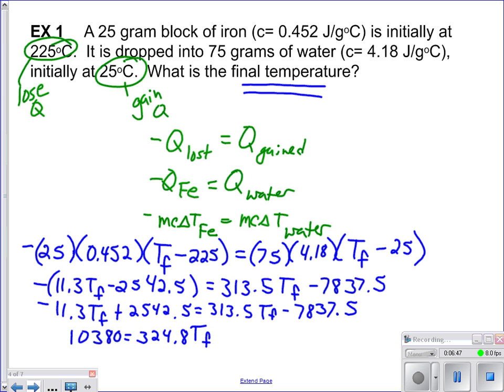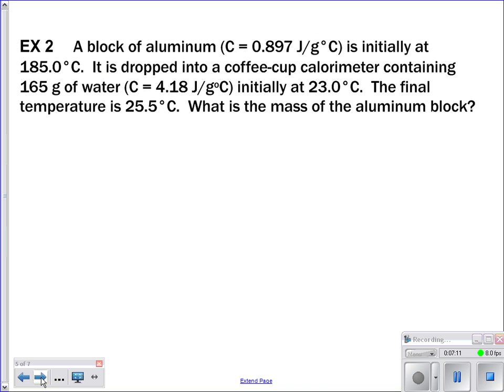And then finally, that last little bit, we get our final temperature is equal to 31.96. So if we want to take that to whole numbers like we've got in our problem, that's going to be 32 degrees Celsius. Okay, hopefully you were able to get through that okay. That was a tricky little math there.